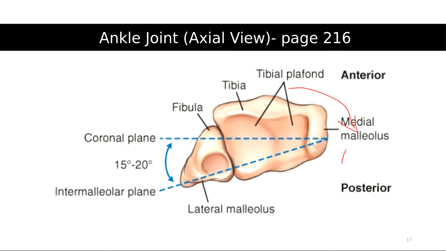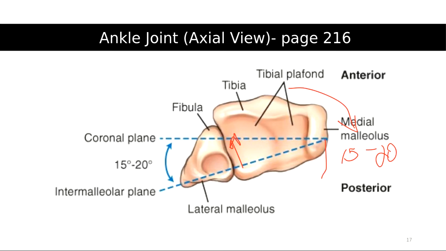15 to 20 degrees, their leg and ankle, then by doing that, does it make sense that this is going to come up so that you end up being even with the coronal plane, parallel to? So when this comes down 15 to 20 degrees, you're going to end up being parallel to the coronal plane.